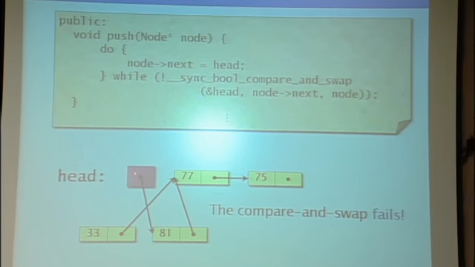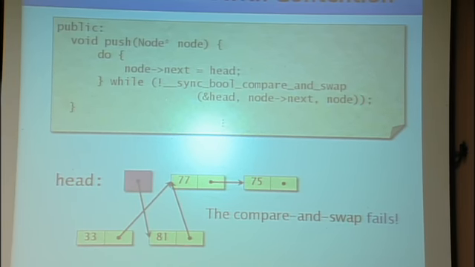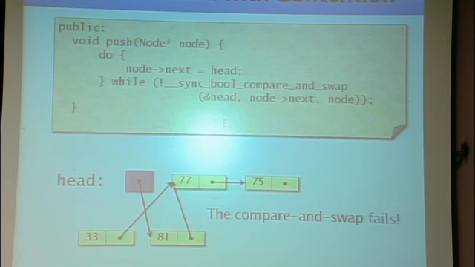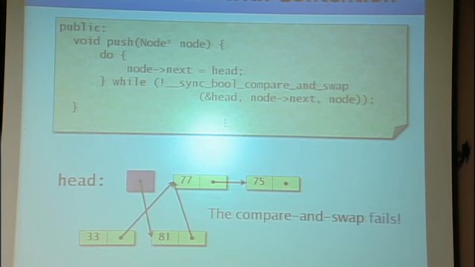It's not. What's in this location is the address of this other chunk of memory. But you're saying if it's equal to this, then you can go ahead and do the swap. Otherwise, you're going to fail. And the swap consists of conditionally sticking this value in there. So you either do it or you don't do it.